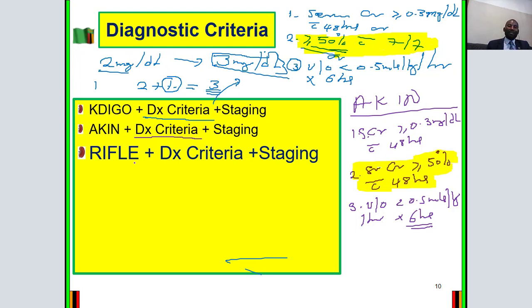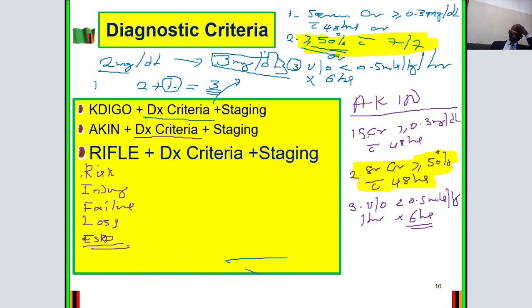Very important. So the RIFLE, we are talking about R, which is risk; I, which is injury; F, which is failure; L, which is loss; and E, which is end stage kidney damage or disease.